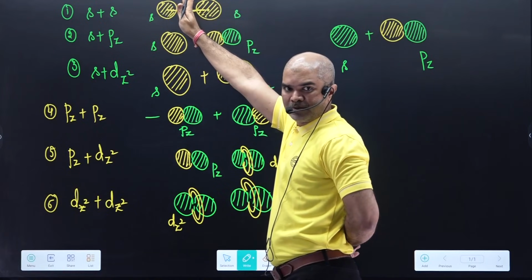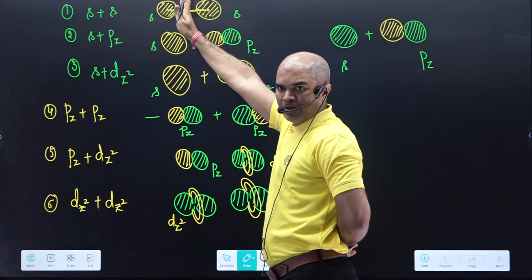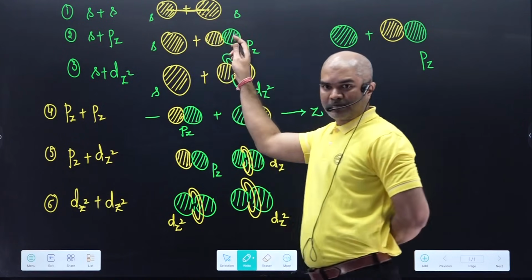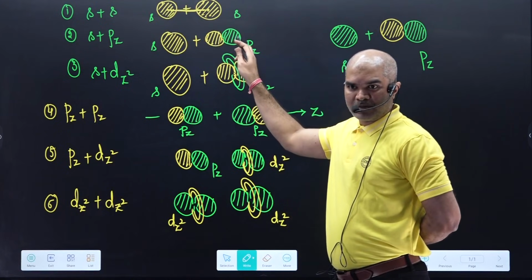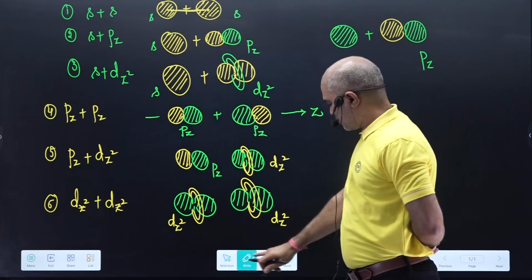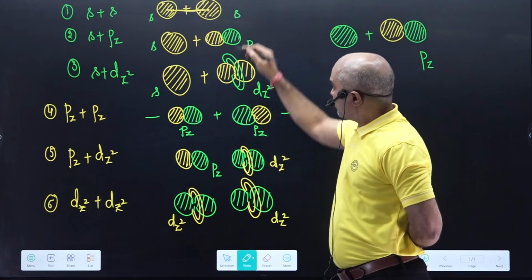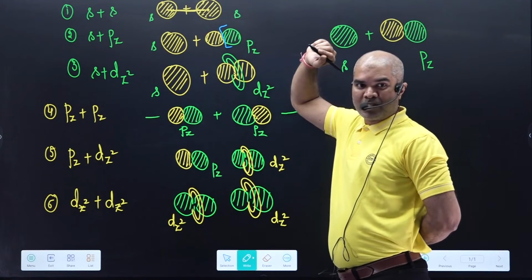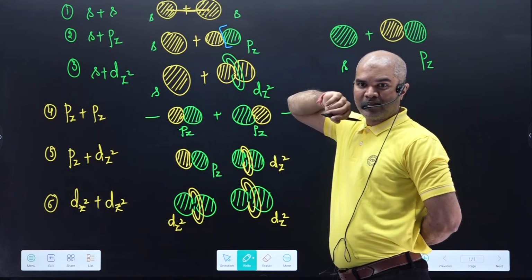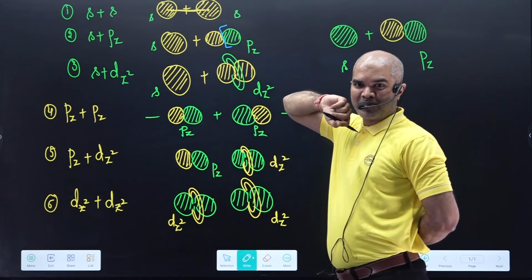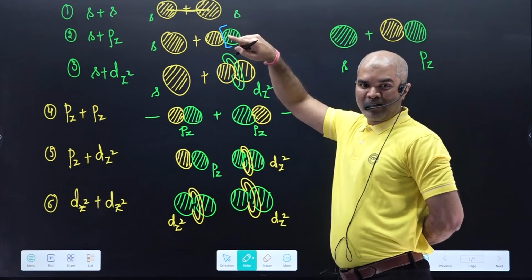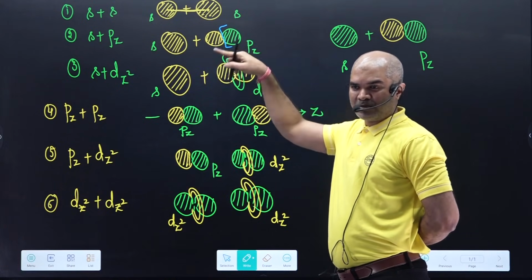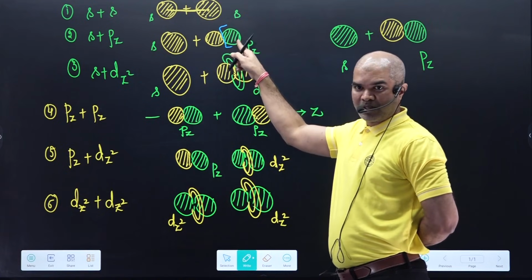No. S and P, do you have a nodal plane? Yes. So how many nodes are there for this sigma? 0. S orbital 0, so sigma should also have 0. This is not the node we require.